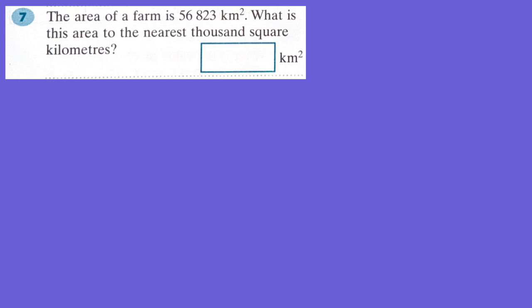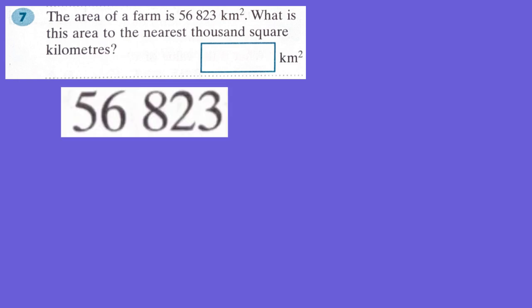The area of a farm is 56,823 square kilometers. What is this area to the nearest 1,000 square kilometers? To do this question, we need to know the place value of our digits. So let me bring down the number here. We need to know the place value of each digit.